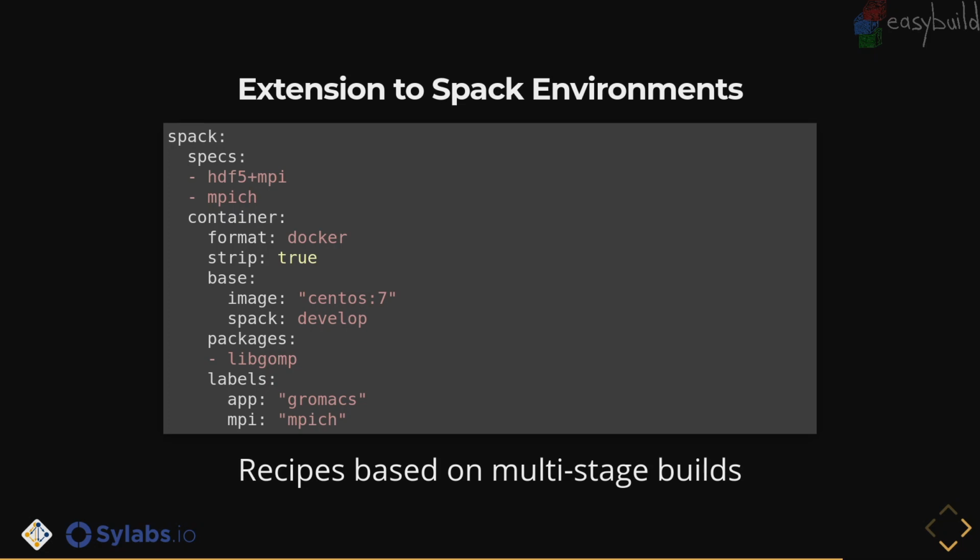Currently, we support four base operating systems: CentOS 6, CentOS 7, Ubuntu 16.04, and Ubuntu 18.04. And the second stage will be just a stage with your application, and I would say anything that can be taken out will be taken out, and your application will be available in the path.